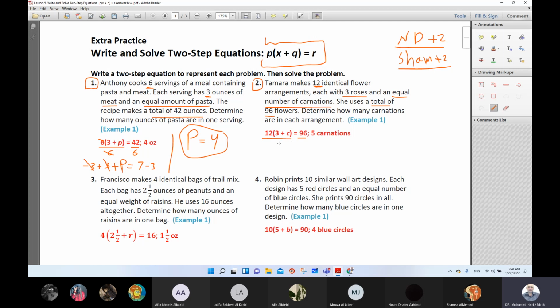So divide the two sides by 12. 12 divided by 12 will be 1. Remains here 3 plus c equals 96 divided by 12, which is 8. Then try to remove 3 from this side. So subtract 3 from the two sides. Minus 3 plus 3 will be 0. Remains here c equals 8 minus 3, which is 5.